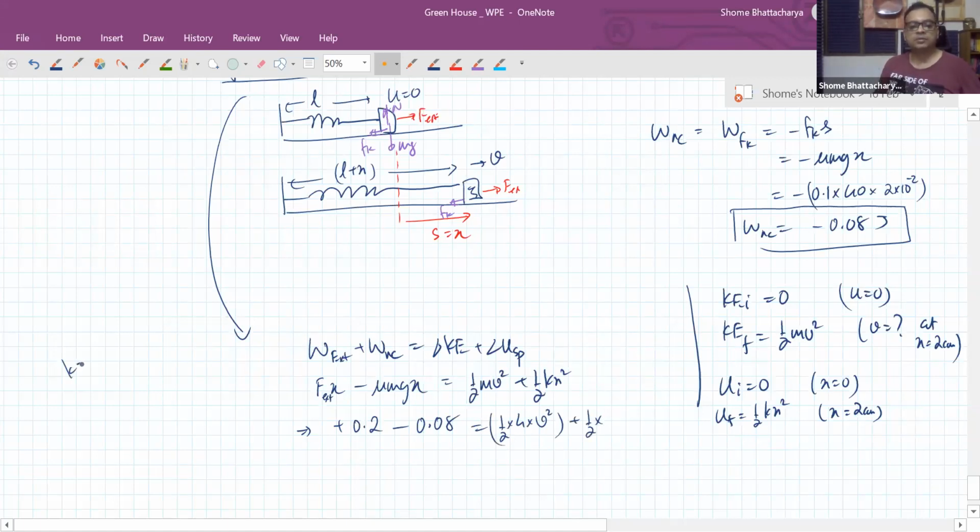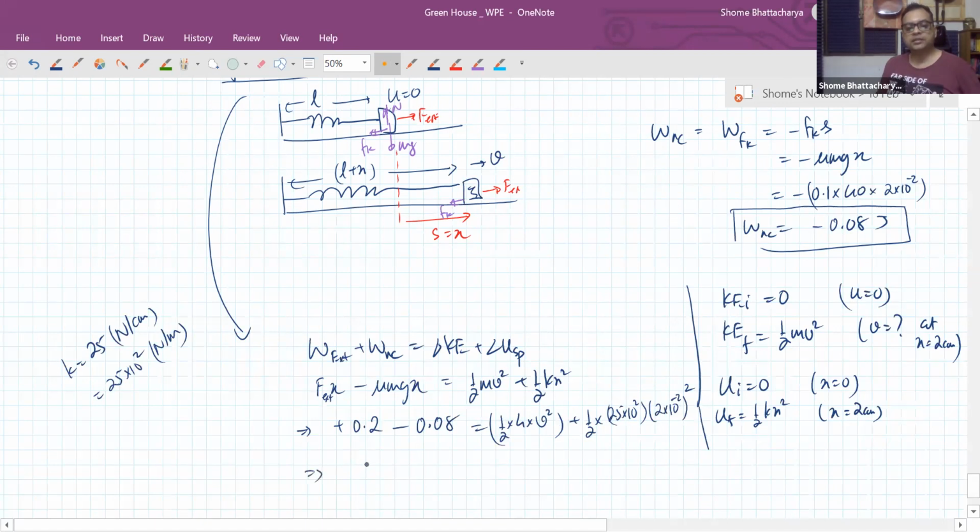Now k, remember, was 25 newtons per centimeter. So that is the same thing as 25 into 10 raised power 2 newtons per meter. So this will become 25 into 10 raised power 2 into x, which is 2 centimeters, so 2 into 10 raised power minus 2 square.